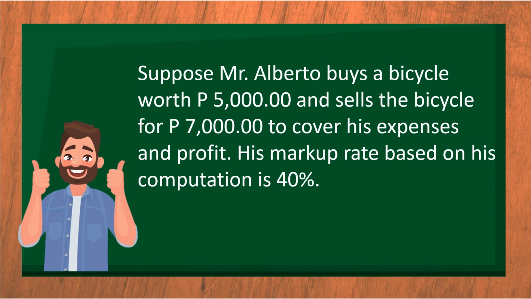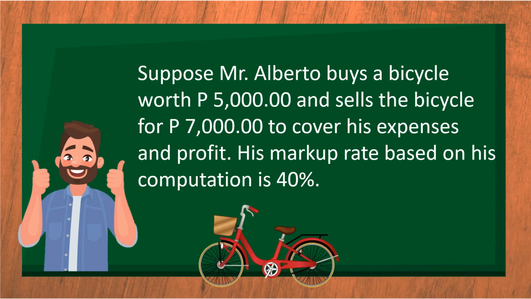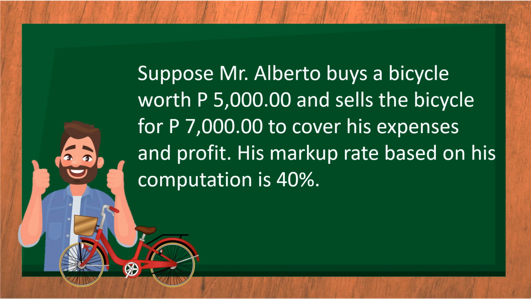Let us proceed to another lesson. Suppose Mr. Alberto buys a bicycle worth 5,000 pesos and sells the bicycle for 7,000 pesos. To cover his expenses and profit, his markup rate based on his computation is 40%.